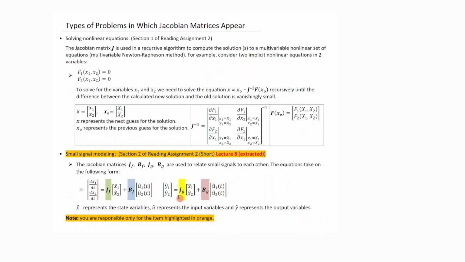And again, these involve matrices. This matrix involving the state variables, small signals, is a Jacobian matrix, JG, and the Jacobian matrix associated with the input perturbation signals would be B subscript G. So we have 4 different matrices that need to be computed if we're going to be looking at a small signal model. And this is in orange here. This is basic material that you will be responsible for.